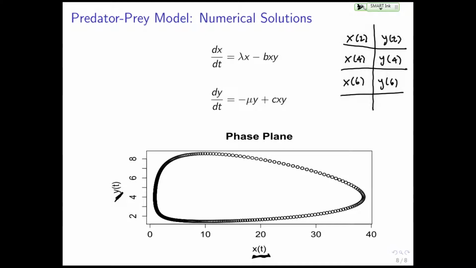This plot is depicting each of those x, y values in a plane that is called the phase plane, right? The fact that every pair is denoted with a little circle, and that this denotes a curve that is closed, is what this type of curve is called. This is called a closed curve.